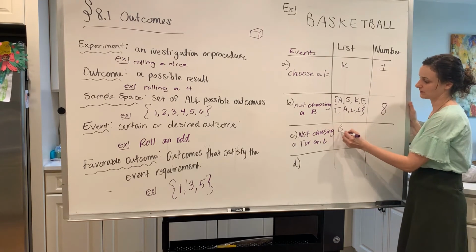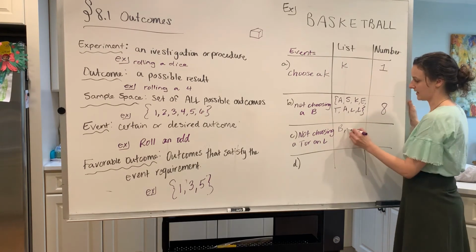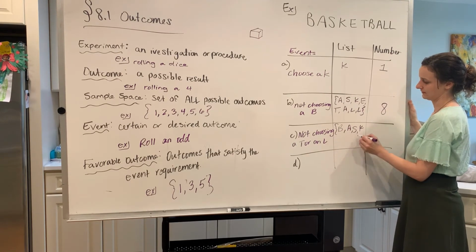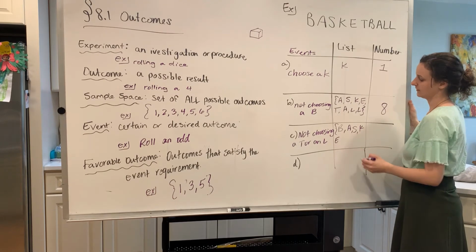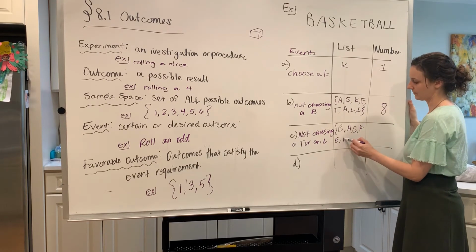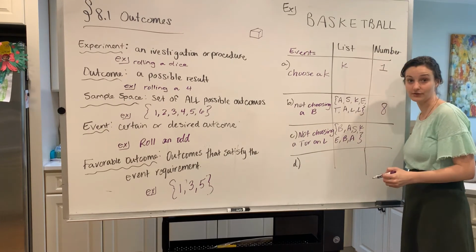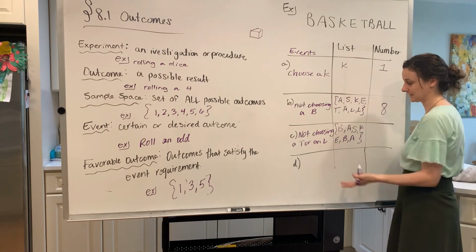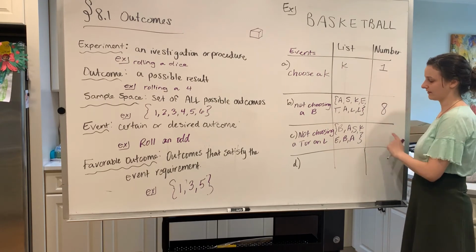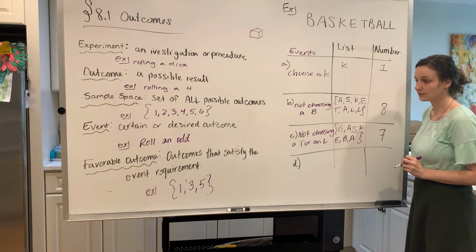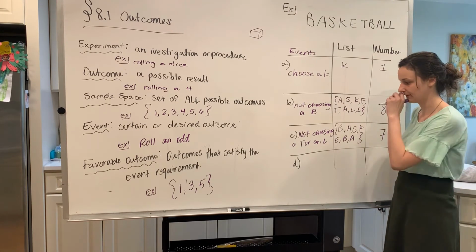Yes, that's not choosing a T or an L. An A, an S, K, E. Now I can't put T, but I can put B again, A, and I cannot include either of the L's because that would be choosing a T or an L. How many do I have here? 1, 2, 3, 4, 5, 6, 7. I have 7 possible favorable outcomes.